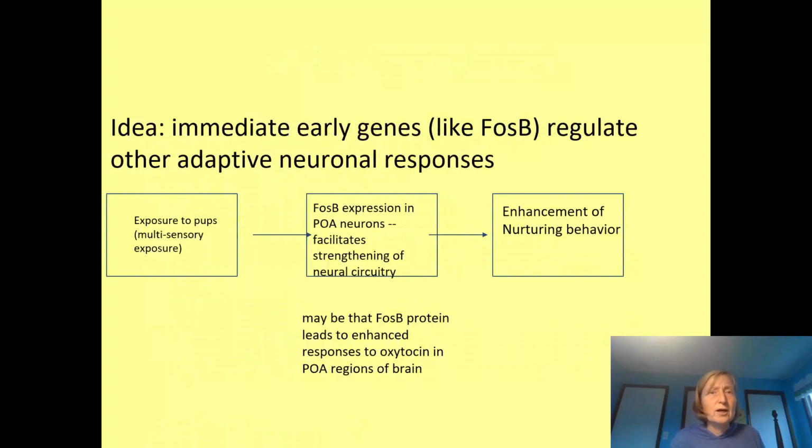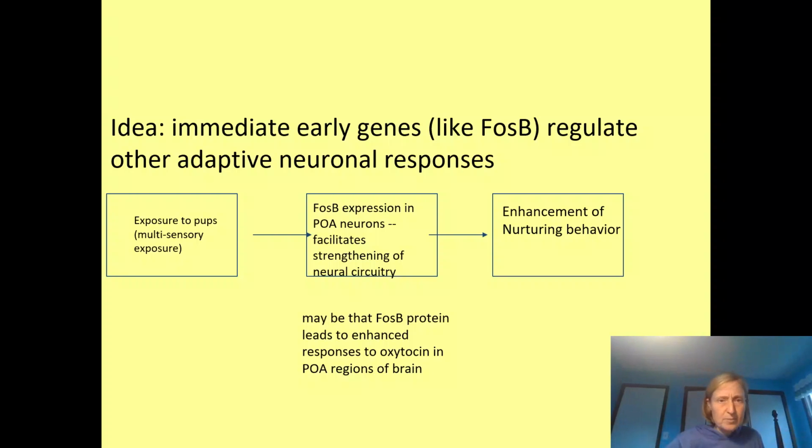Why can't they nurture? Well, the idea is, at least for now, we're not exactly sure, that this would be considered an early gene that has a cascading effect that regulates a lot of neuronal responses that are adaptive. It goes something like this. There has to be an environmental component, some exposure to the pups, probably an olfactory exposure, maybe tactile.